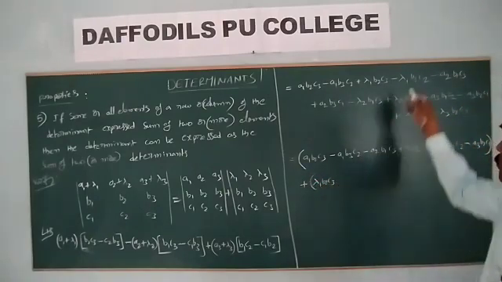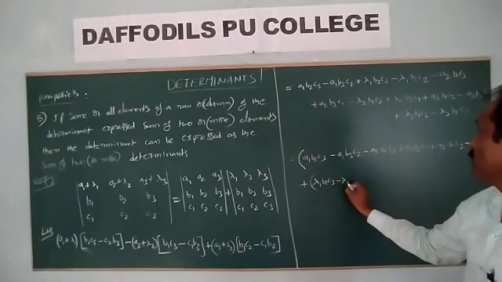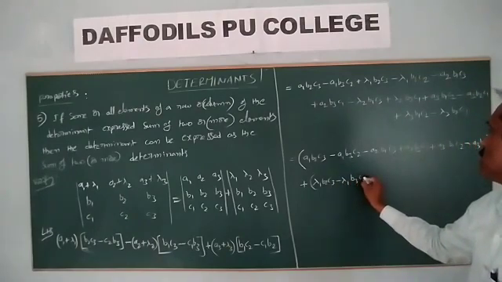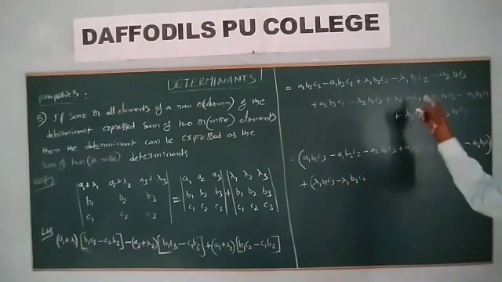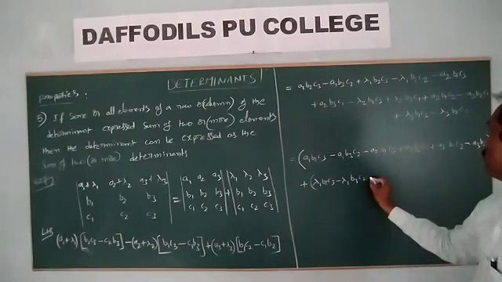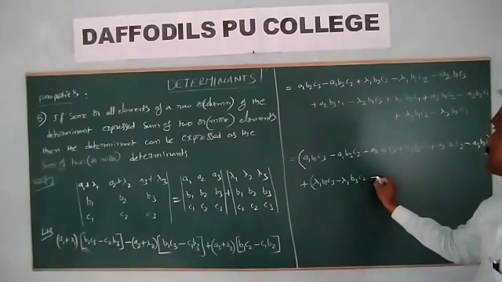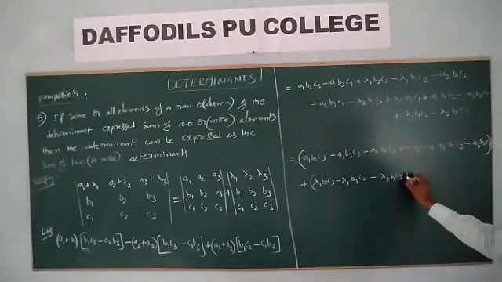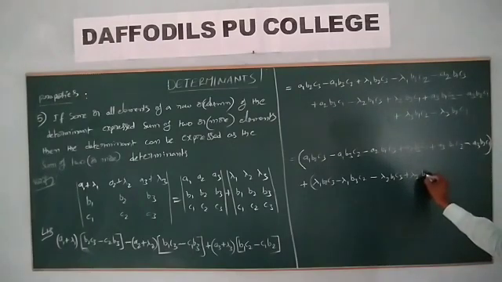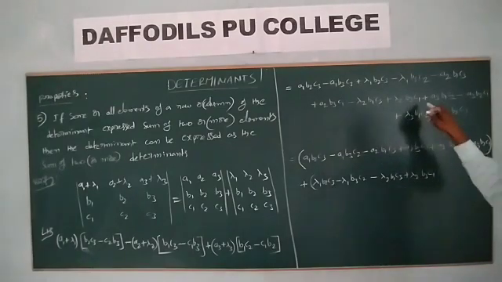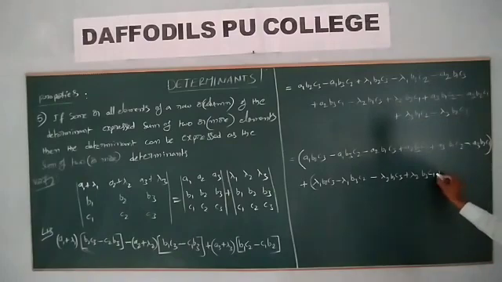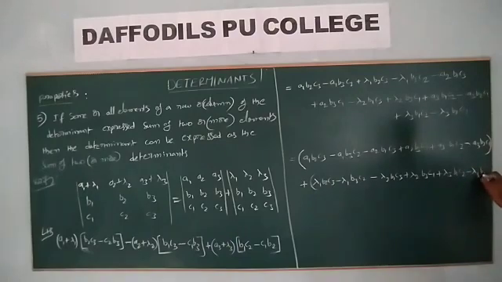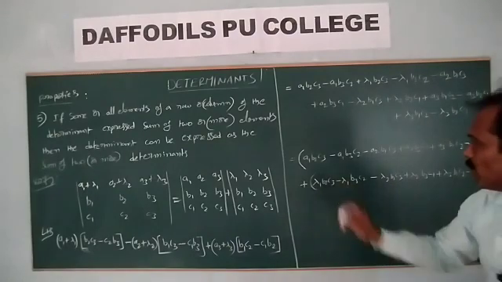Next, minus lambda 1 B3 C2, minus lambda 2 B1 C3 plus lambda 2 B3 C1 plus lambda 3 B1 C2 minus lambda 3 B2 C1 for this bracket.